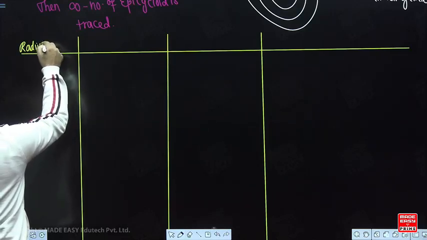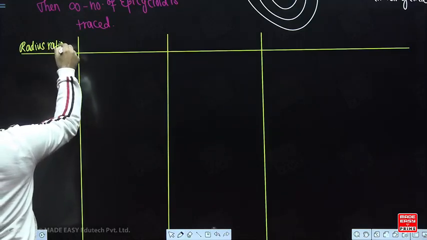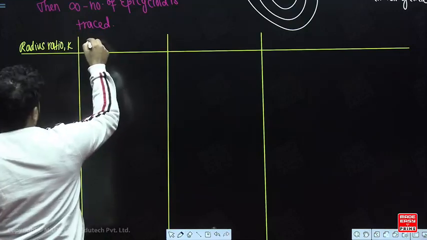Radius ratio, okay. So this is your epicycloid.